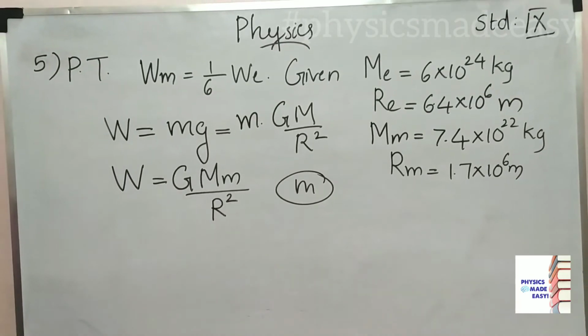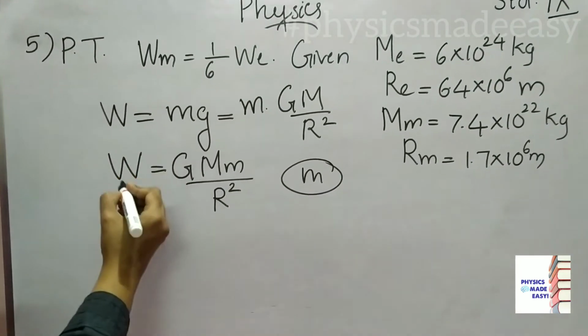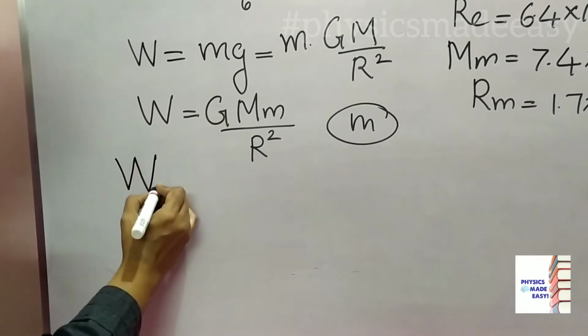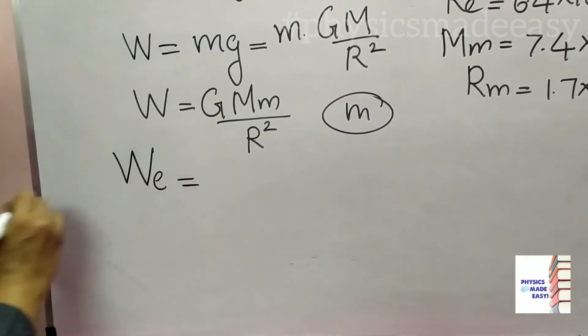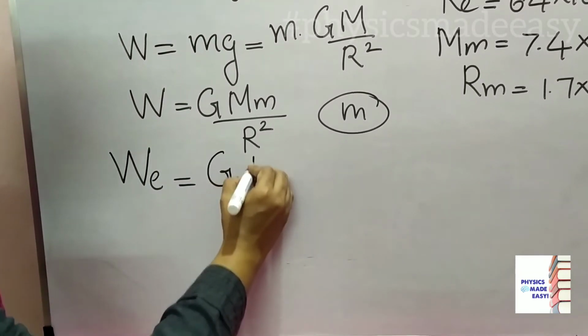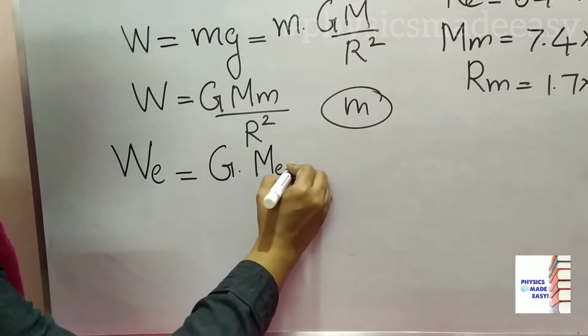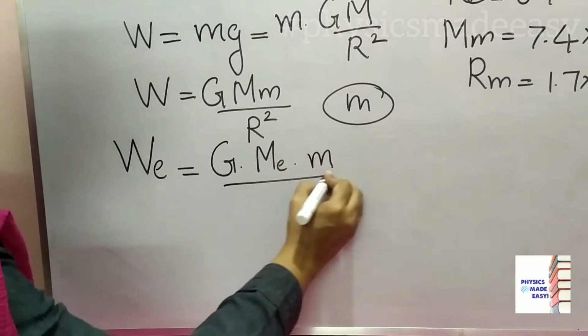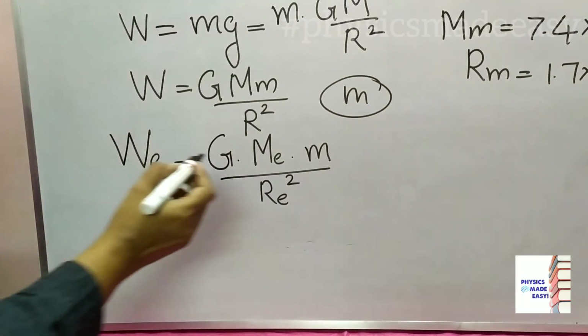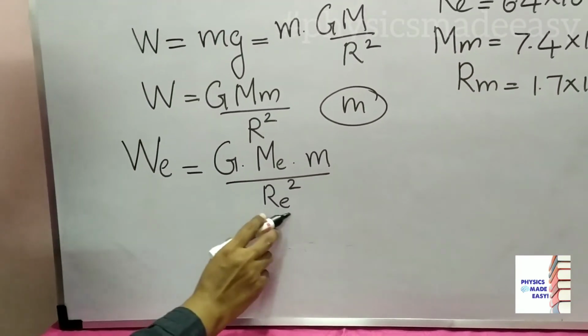That only we are considering here. Then from this we can write the weight of that object on the earth, We, that is equal to G into Me into M divided by Re square. Here Me means mass of the earth, Re radius of the earth.